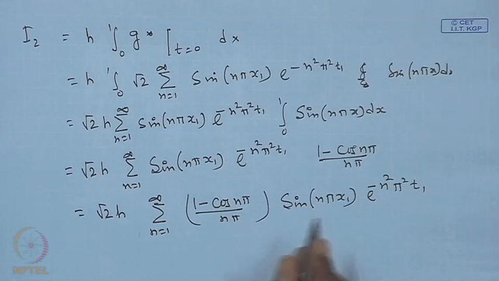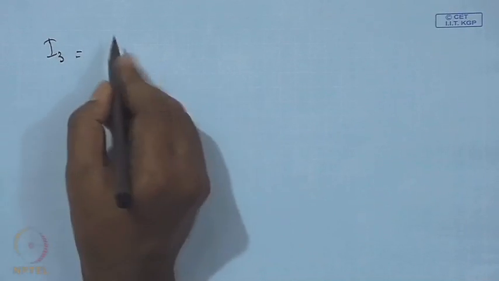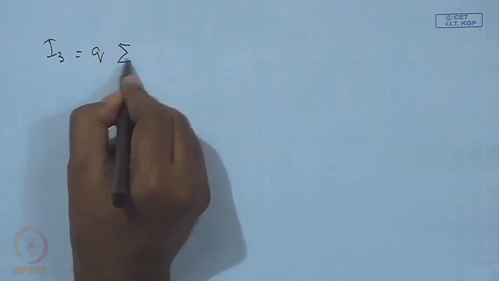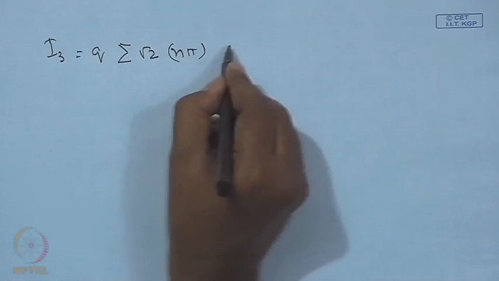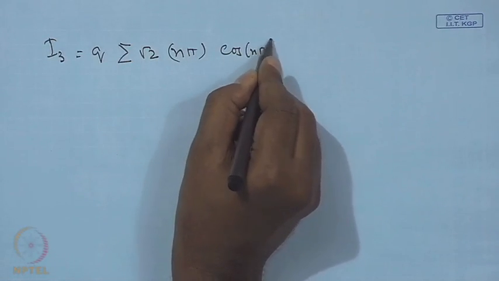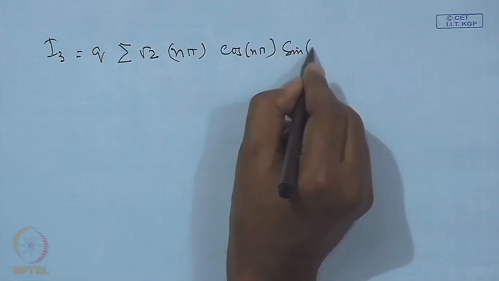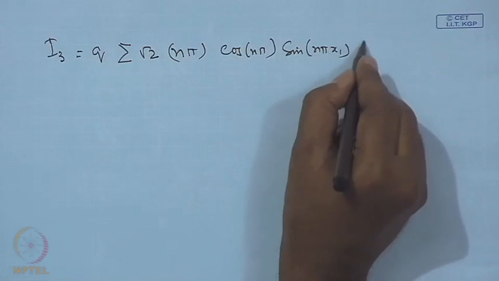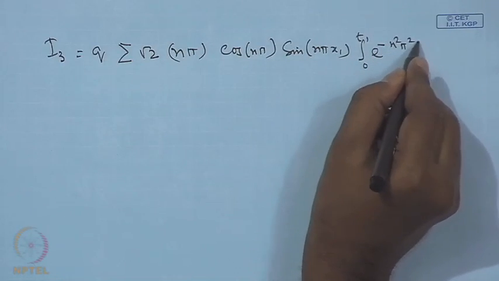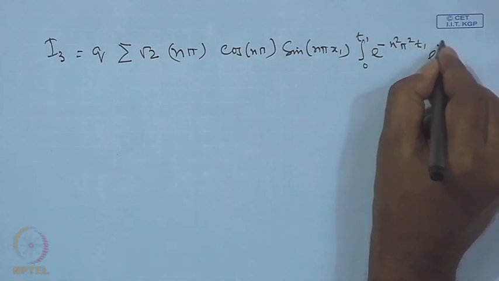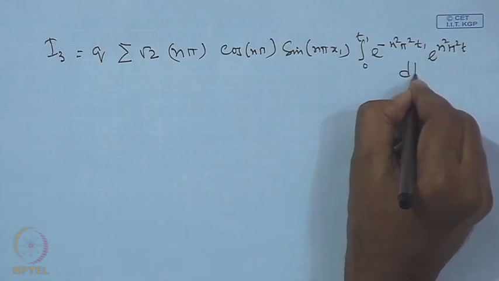Okay. So, we evaluate the third integral. This goes the second integral, then we evaluate the third integral. The third integral goes like this: I3 is equal to q summation root over 2 n pi cosine n pi sin n pi x1, integral 0 to t1, e to the power minus n square pi square t1 e to the power n square pi square t dt.